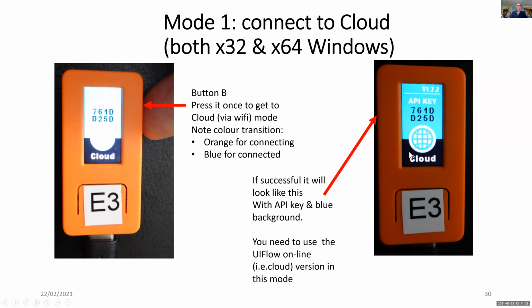So if everything's successful, you'll get the picture which is shown on the right, and what's important there is that you keep track of your API key when you're in cloud mode.